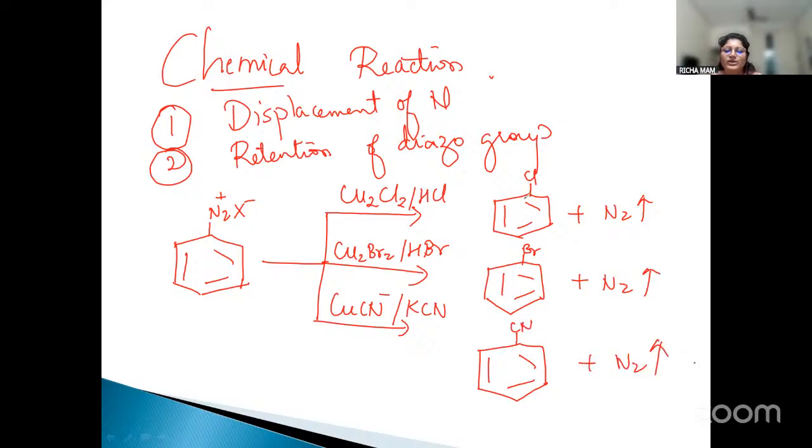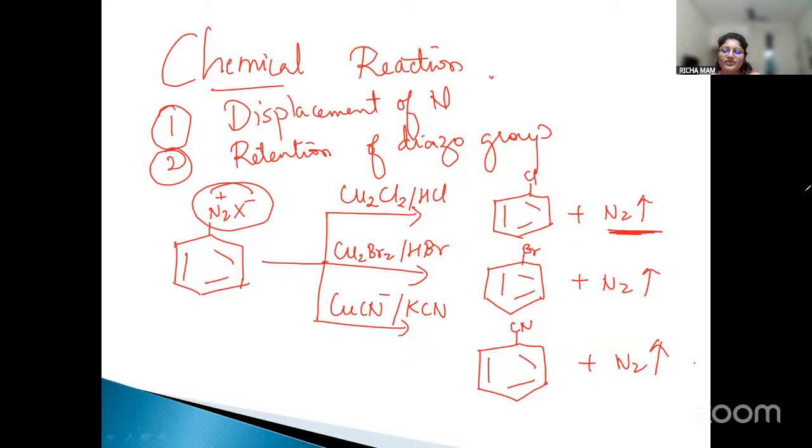So we can replace the diazo group by the halide ion or the cyanide ion. In this reaction, the diazo group is replaced by nucleophiles, and you can see the nitrogen gas is released.